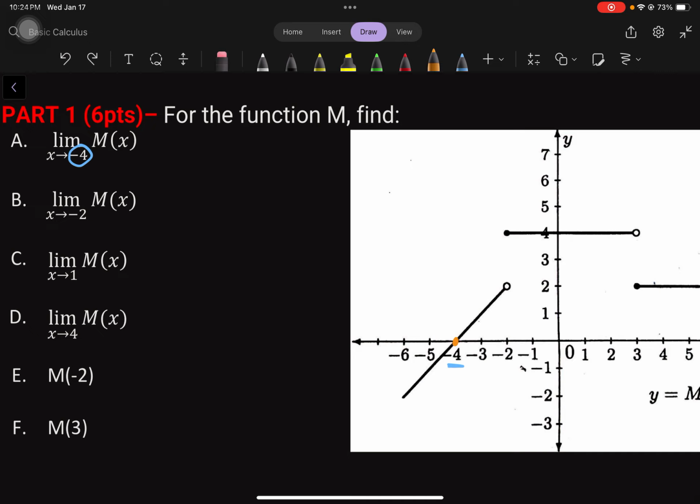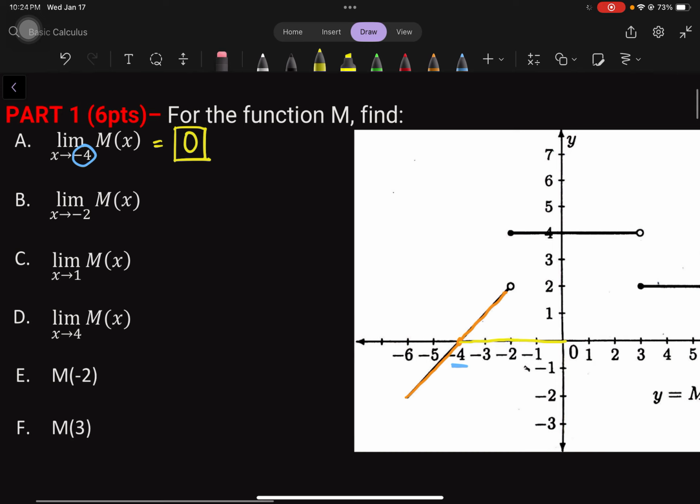Unahin muna natin yung graph. Ayun yung graph natin, di ba? At katumbas niyan sa y-axis ay equal kay 0. Therefore, our answer for letter A is 0. So, you can check your answer on paper. 1 point each for this part.